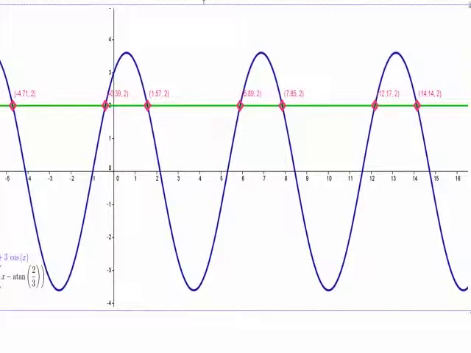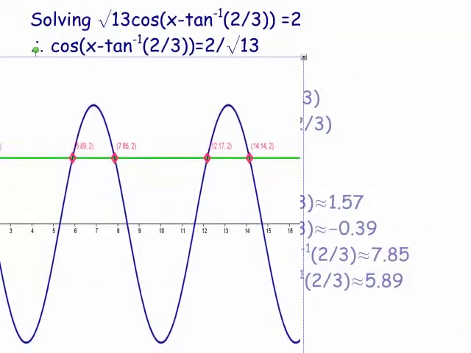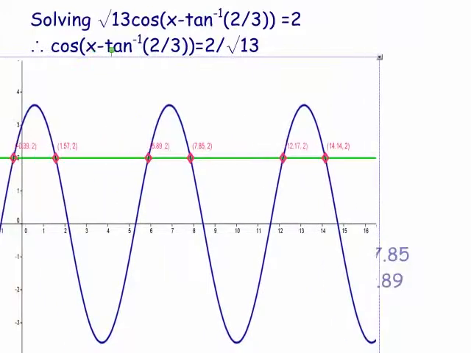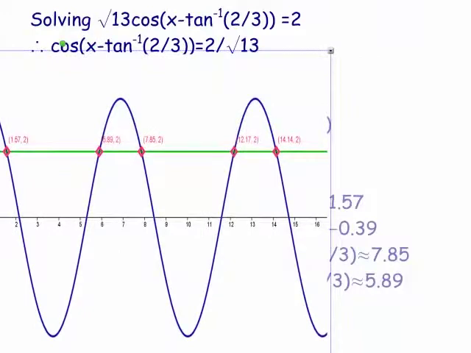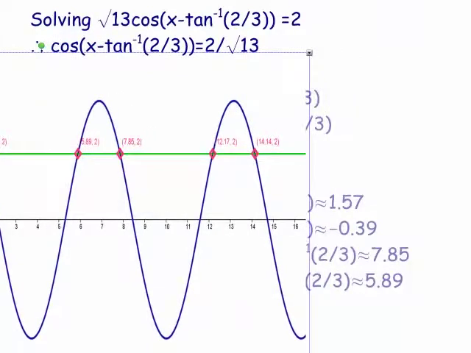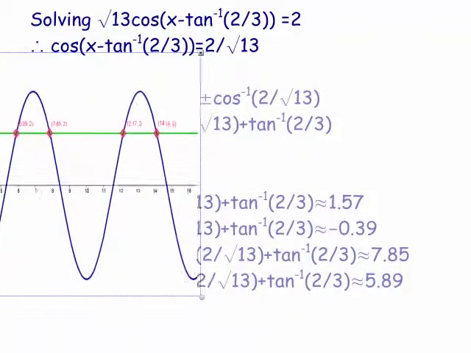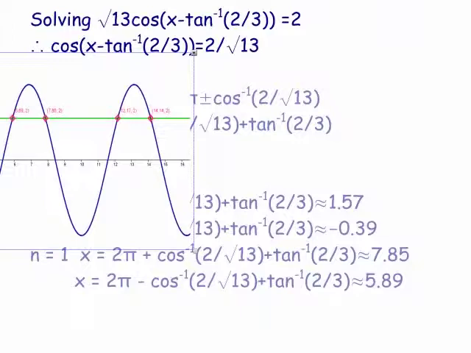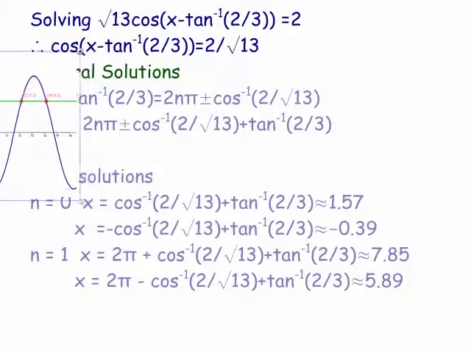Notice the x values of these solutions: 1.57, which is slightly out of the frame, so I'll move it in, minus 0.39, 5.89, and 7.2. So you can actually see some of these solutions here. Obviously, there's an infinite number of solutions, as you can imagine. These are what's called the general solutions, and that works for any integer value n.